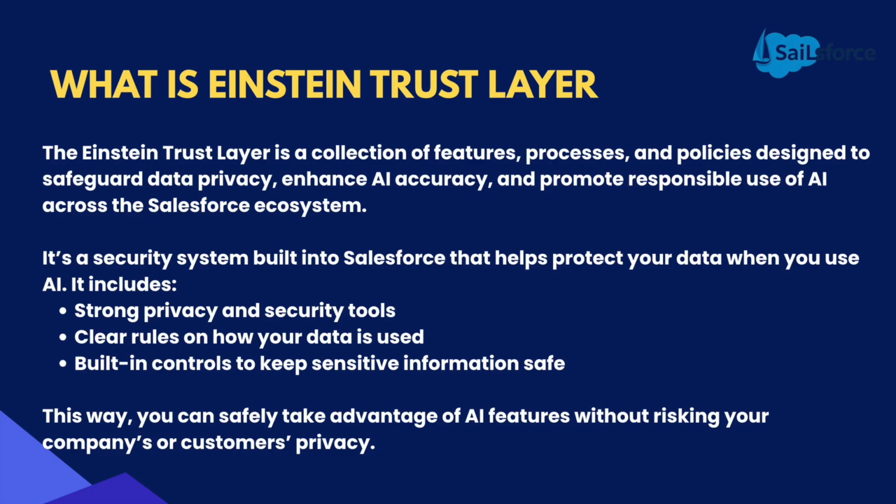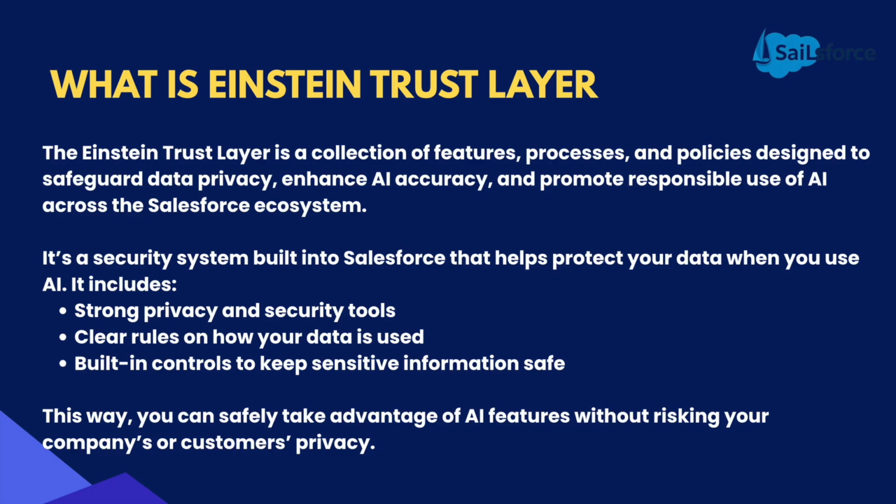The Einstein Trust Layer is a built-in security system inside Salesforce that protects your data whenever you use AI. It gives you strong privacy and security tools to safeguard your information, and clear rules on how your data is used. Nothing happens without transparency, and built-in controls ensure sensitive details like customer records or personal data are always kept safe.